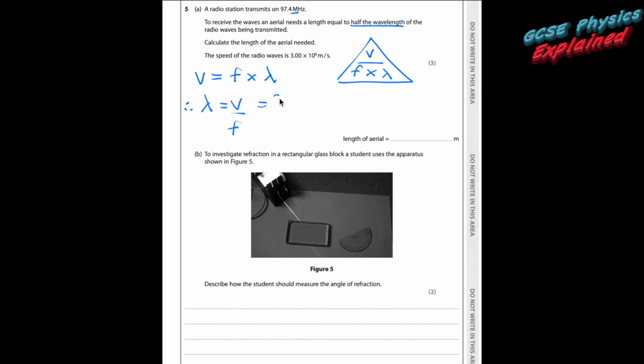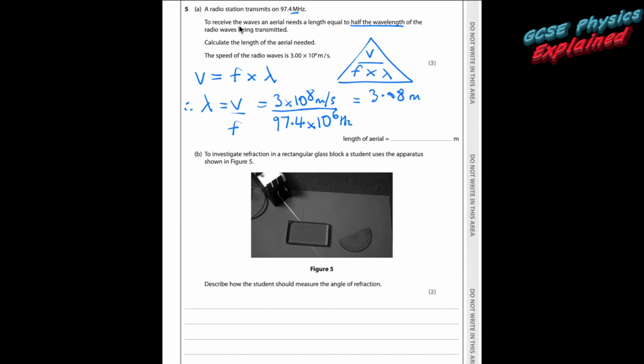So the velocity was 3 times 10 to the 8 meters per second. And the frequency was 97.4 megahertz. Now megahertz is million hertz, so that's times 10 to the 6. And that equals 3.08 meters.